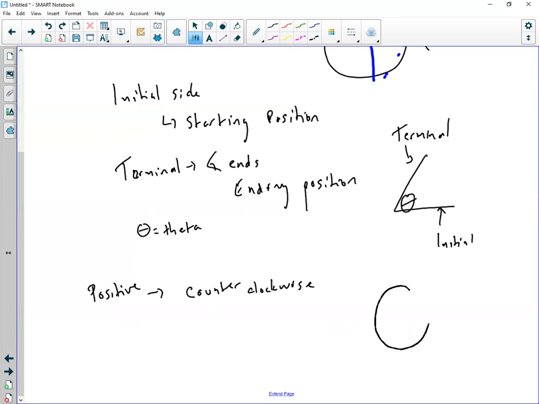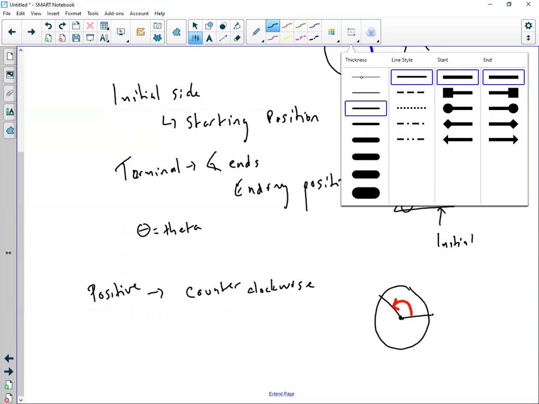So if I look at the unit circle just like this, if I have an angle that goes from here, a positive angle means that I have just opened my angle counterclockwise. So I've just opened my angle that way, okay? So positive angle just means that we are starting at our initial side here, and then our terminal side is going to be counterclockwise from wherever we're at, okay?